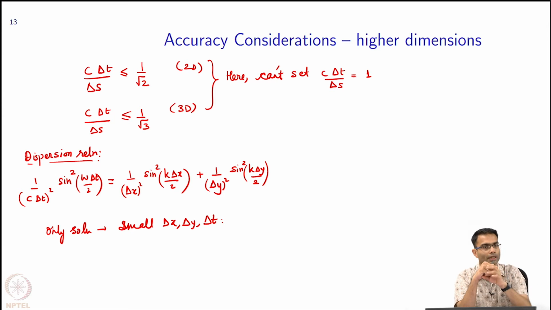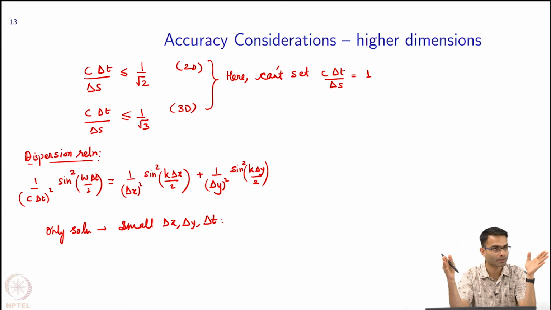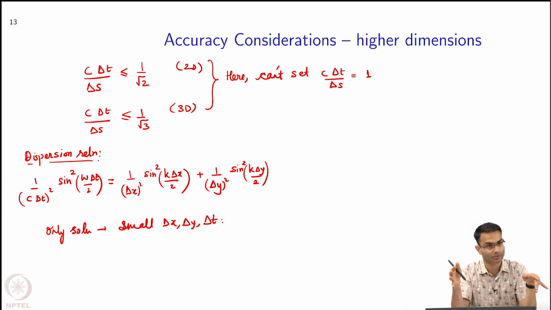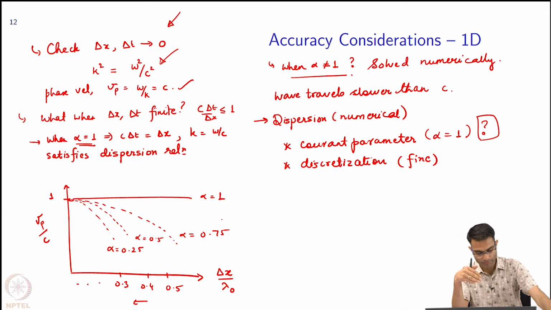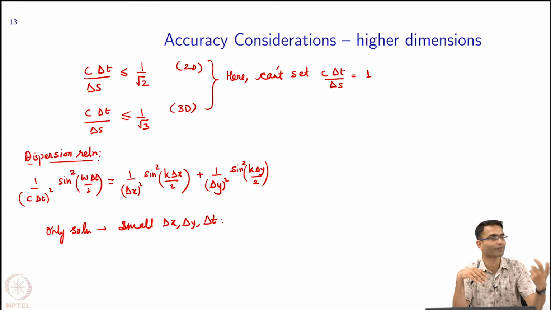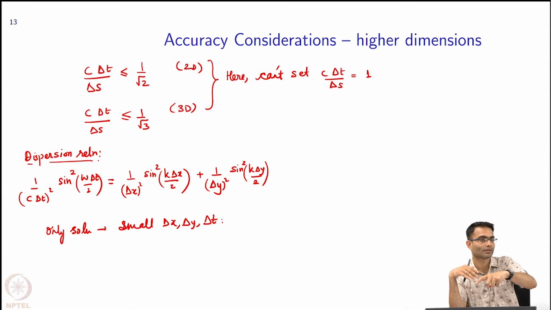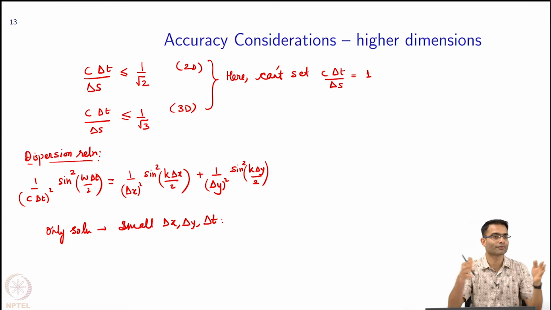As this pulse travels in free space, it is going to numerically disperse, because a pulse in time is made up of several different frequencies, and each frequency has its own velocity. For every different omega, I will have a different k. Once I fix the discretization, I change the relation between omega and k at different omegas.